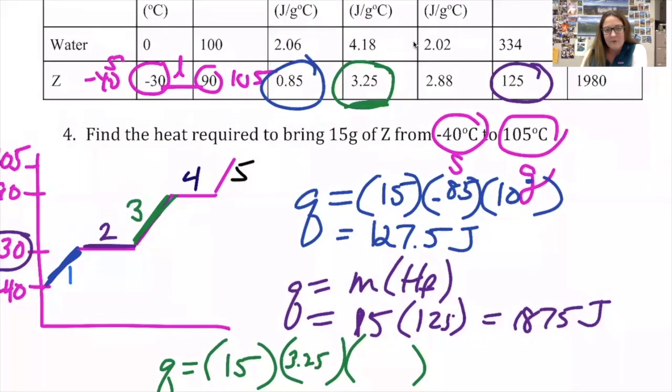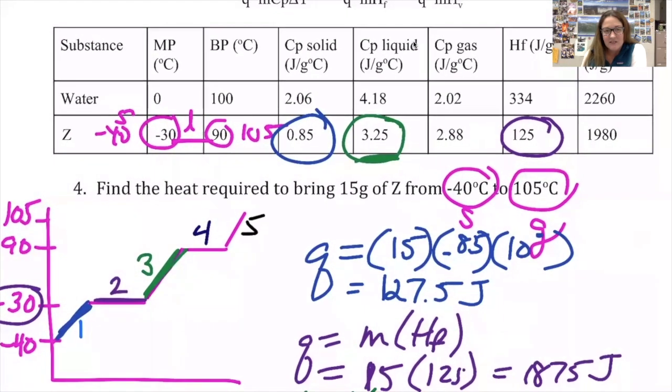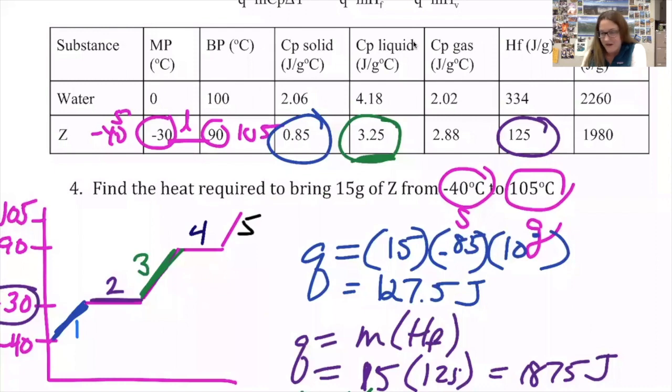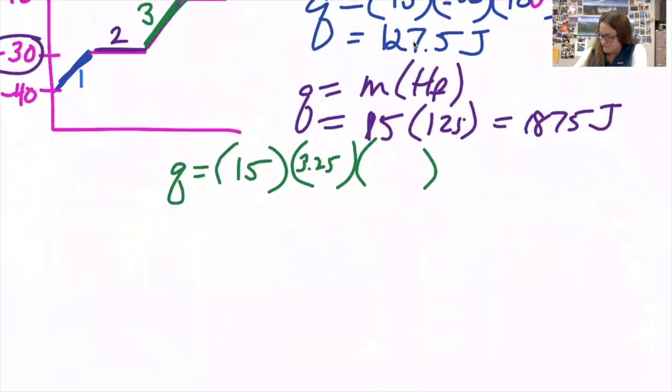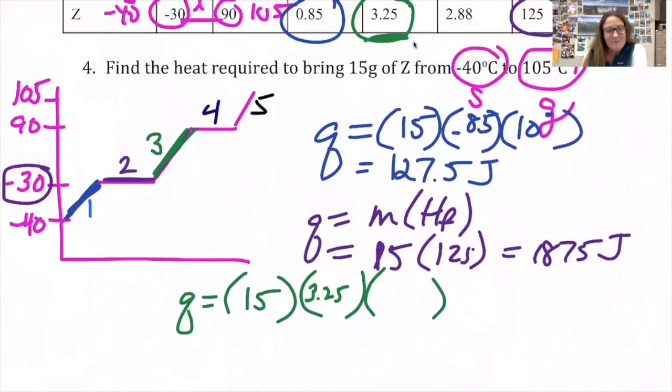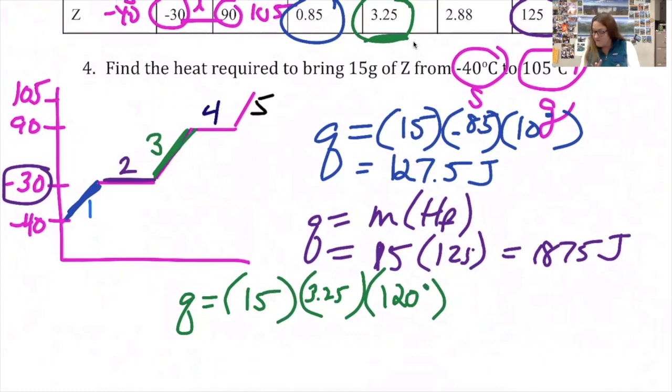And they're cut off here, but remember we've got these column headers up there that tell me which value is which. Temperature change from -30 to 90 is a total of 120 degrees. 15 times 3.25 times 120, 5850 joules. 2 more steps to go.